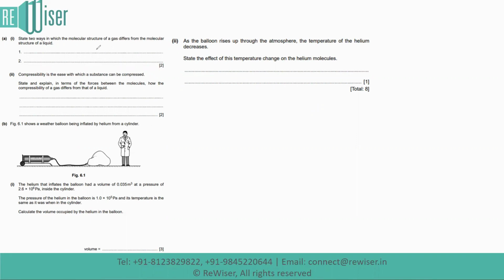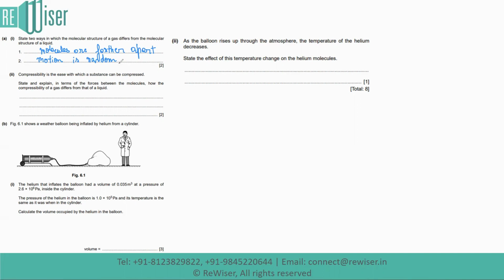In a gas, the molecules are farther apart when compared to that of a liquid, and also the motion of the molecules is more random compared to that of a liquid.